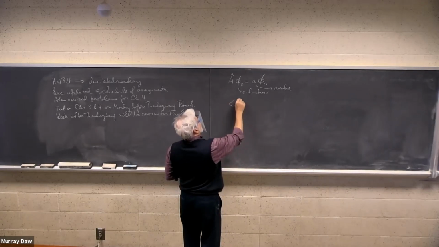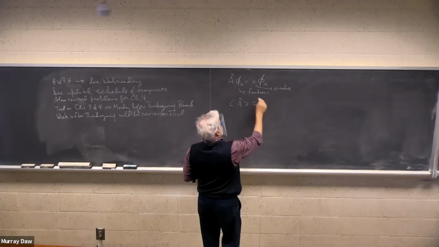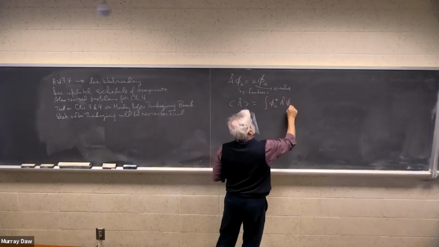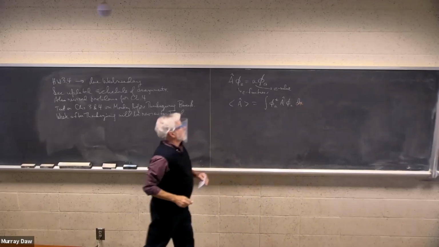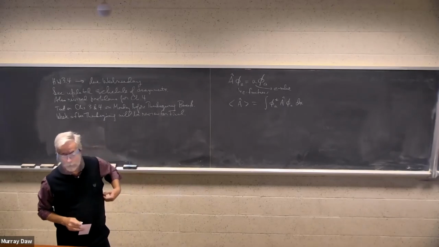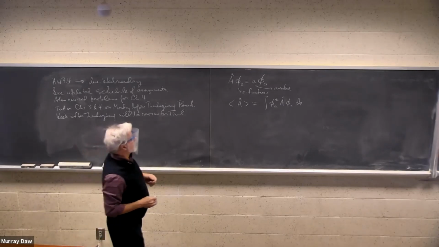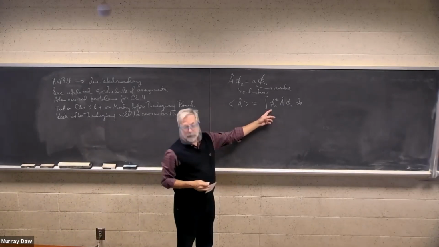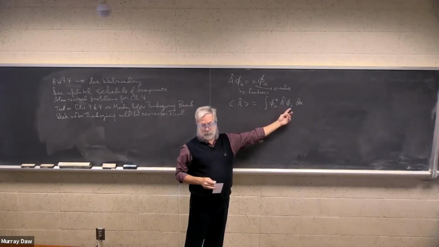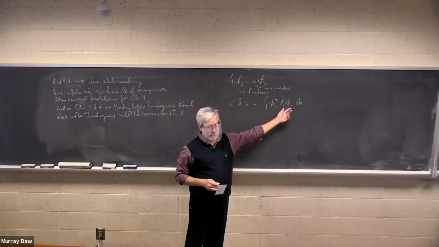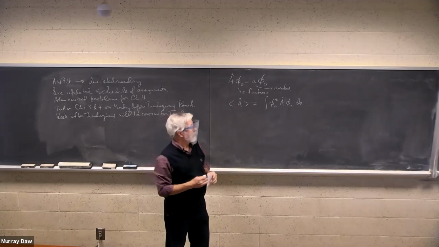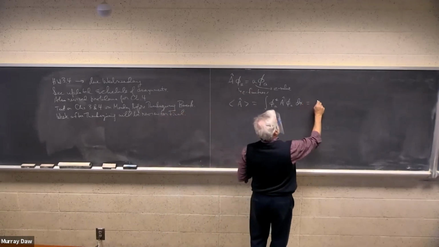So let's suppose we have that particular eigenstate. We want to find, for example, the ensemble average of this operator with that particular eigenstate. What does this give? The average eigenvalue.